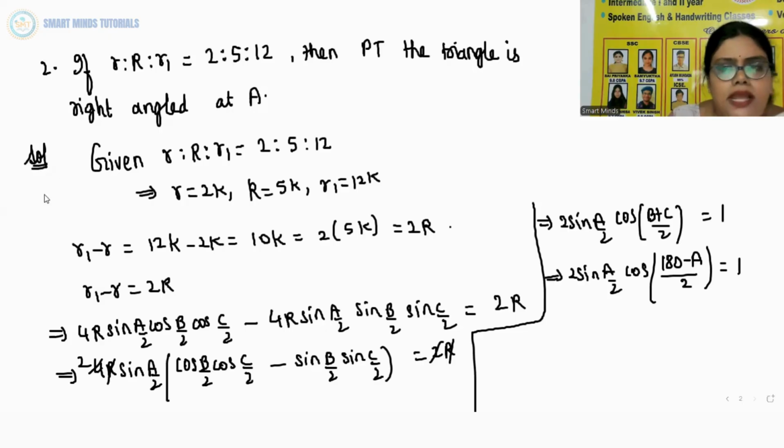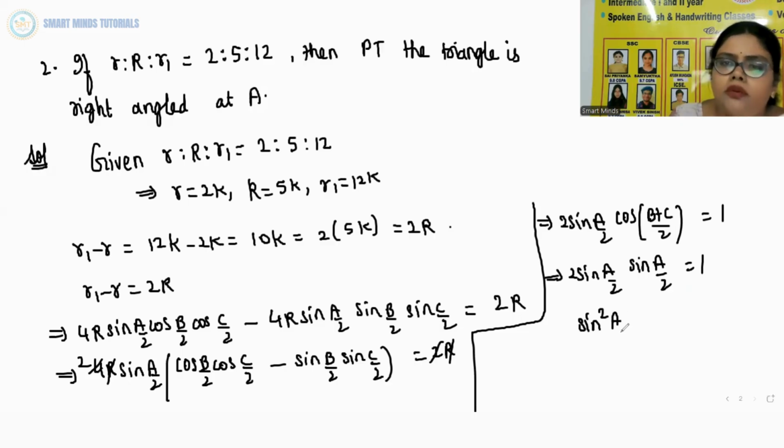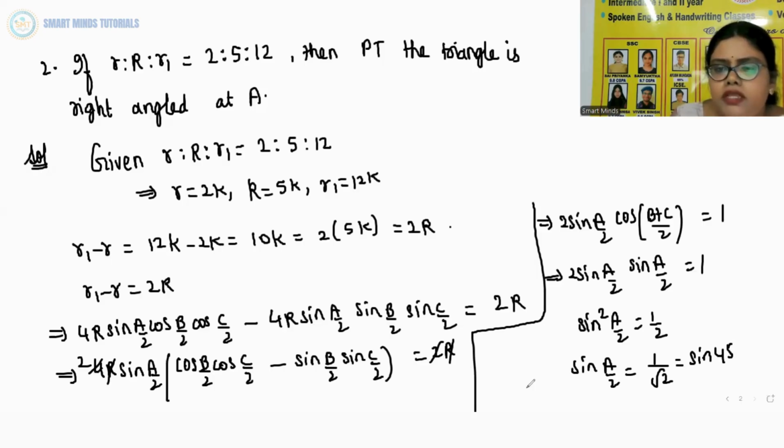Or else directly we can write cos((B plus C) by 2) as sin(A by 2) is equal to 1. So sin square(A by 2) is equal to 1 by 2. Sin(A by 2) is equal to 1 by root 2. So that is equal to sin 45. So A by 2 is equal to 45, which implies A is equal to 90 degrees. When A is 90 degrees, we can say that the triangle is right angled at A.